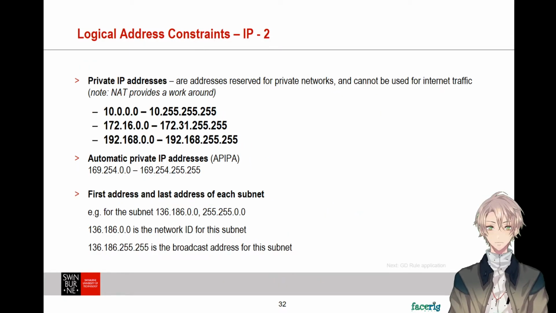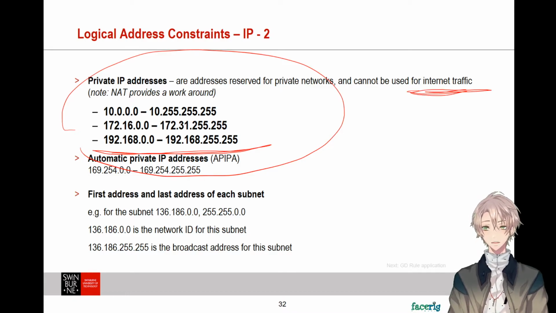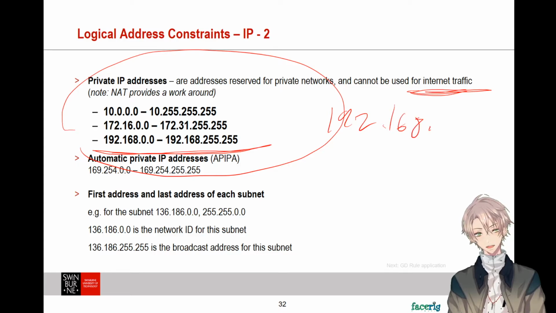As you can see over here, this is your common private IP address, and it is used for private stuff only, cannot be used for internet traffic. And then you wonder, I think I saw on my computer when I do the ipconfig, it says your IP address over there is 192.168.0.3 or something, right?